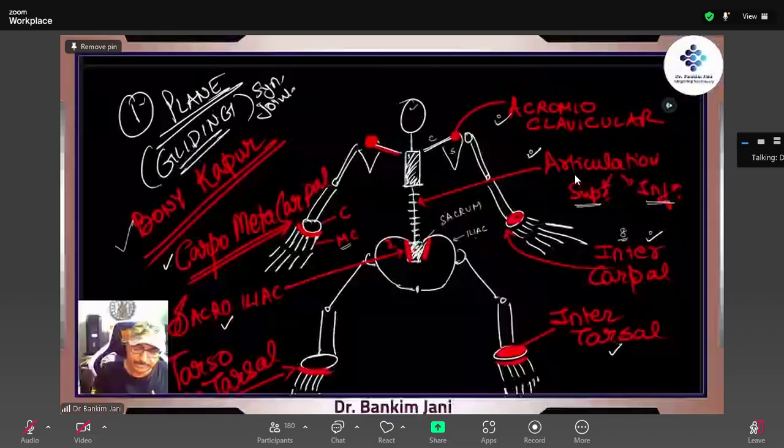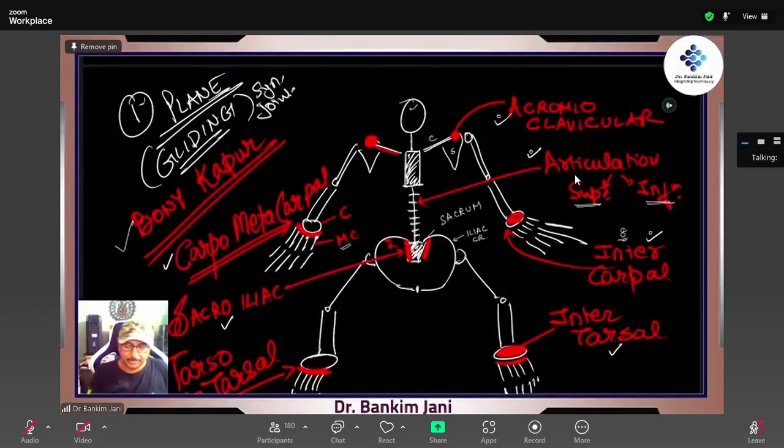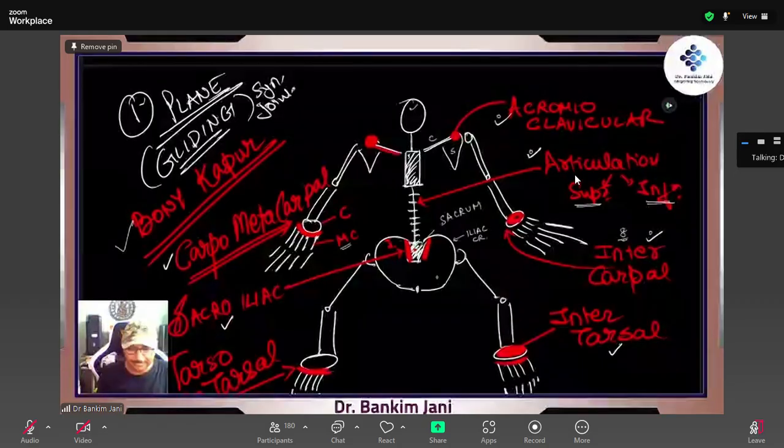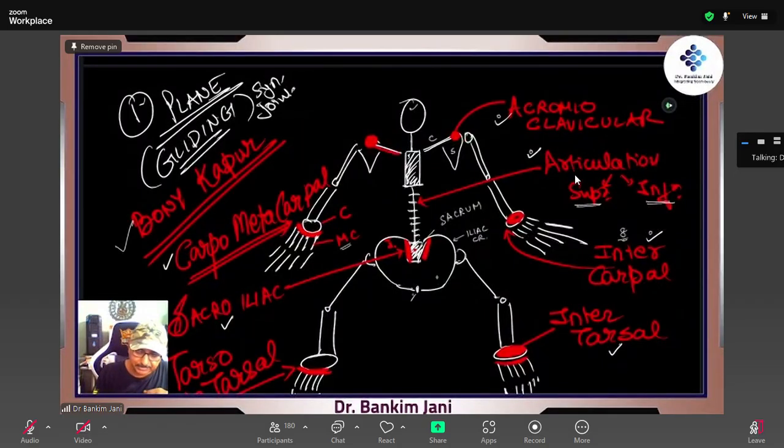The ischium is on the posterior side, on which the person sits, and then the pubis. This is the central area where the 2 pubic bones meet, called the pubic symphysis. Now, this whole pelvis is connected with the sacrum. The sacrum is connected with the iliac, and that's why it is called the sacroiliac joint.